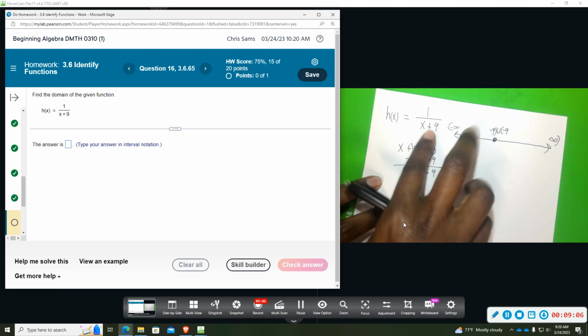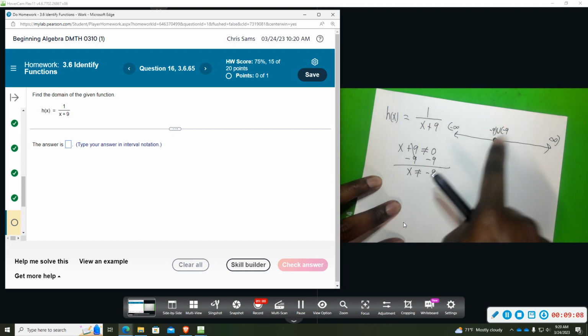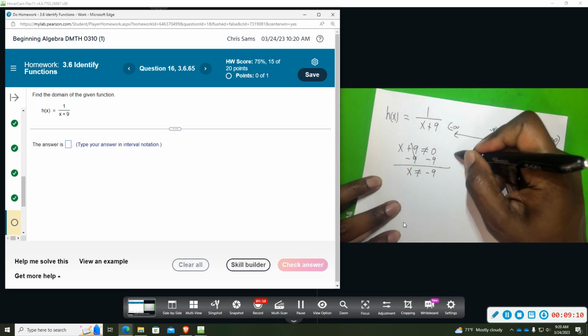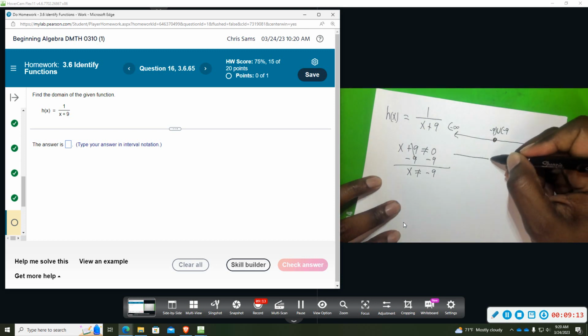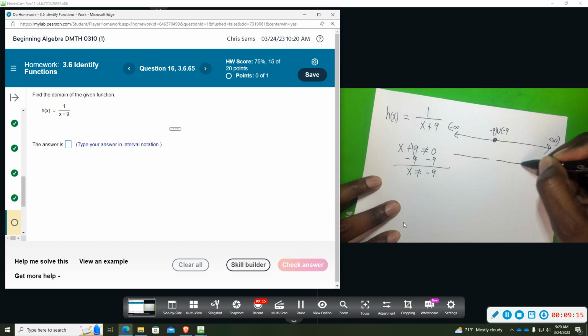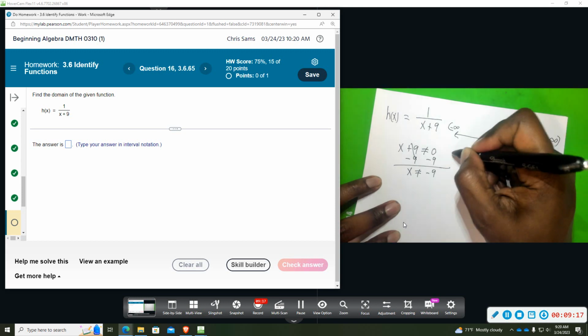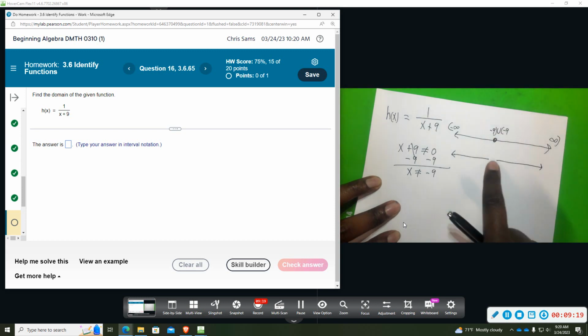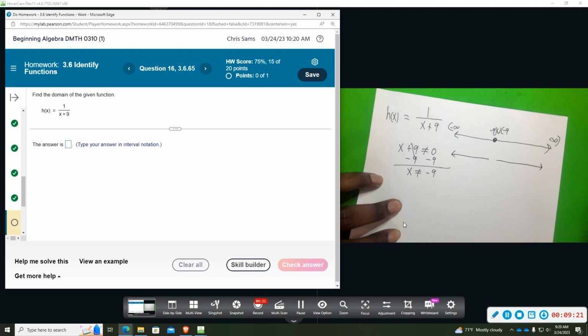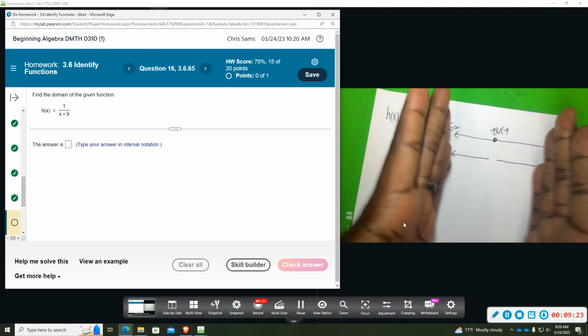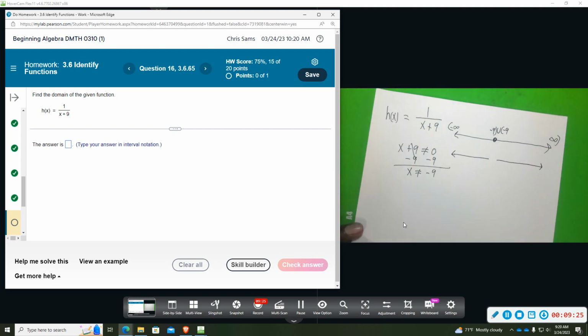So I can get everything except for negative 9. It's like a hole. Imagine you were on a road and then there was a gap. You couldn't get across because I've removed that number 9, and so it makes a hole. And so that's why we got two pieces. It breaks my number line into two pieces.